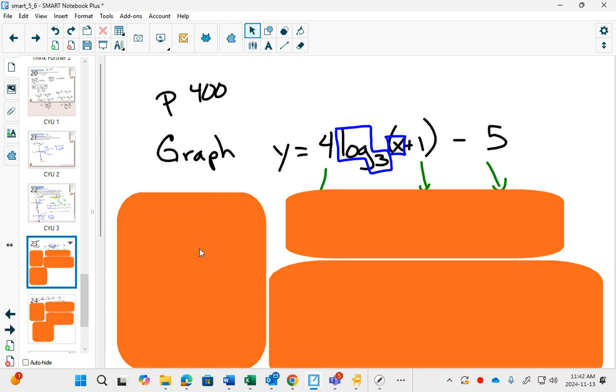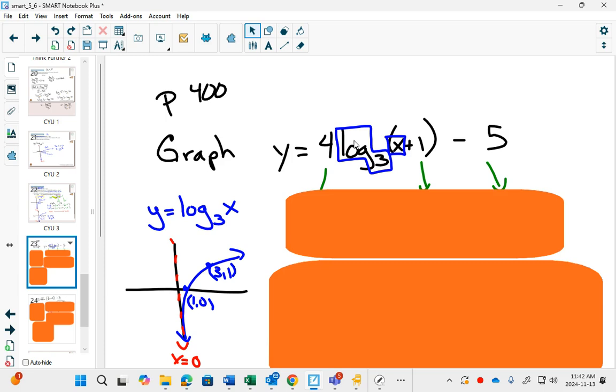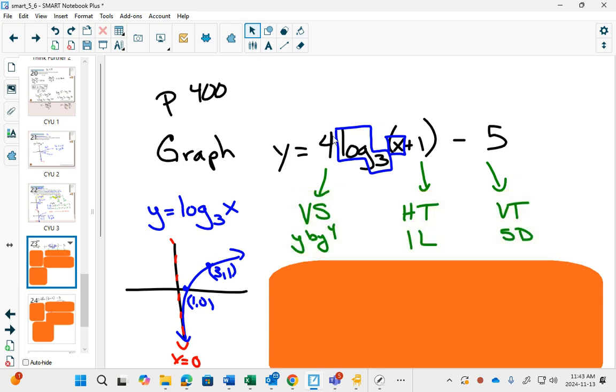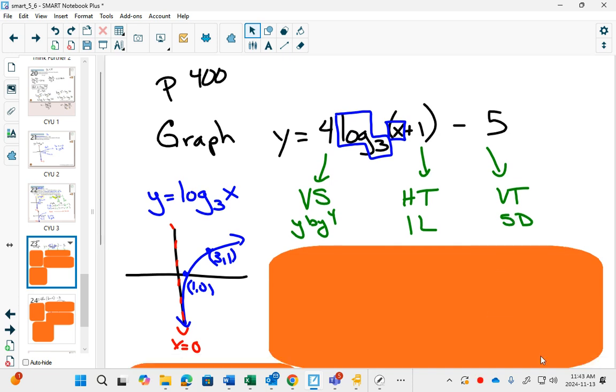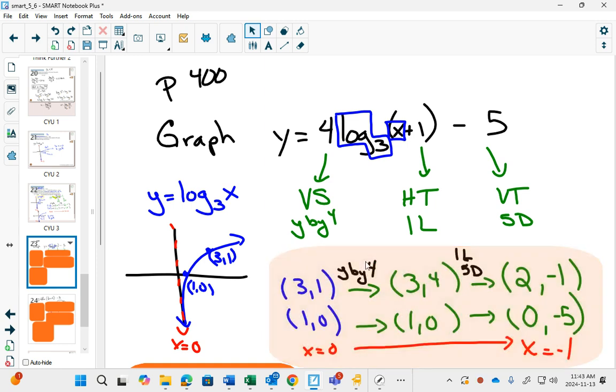All right, do a little check. First of all, recognize that the base graph, the parent graph, is log base 3 of x. So I do a little sketch off to the side of that graph. And then I go through my numbers and I'm like, okay, I have a vertical stretch, a horizontal translation, and a vertical translation. So I set up my points, do my stretches first, then translation second.